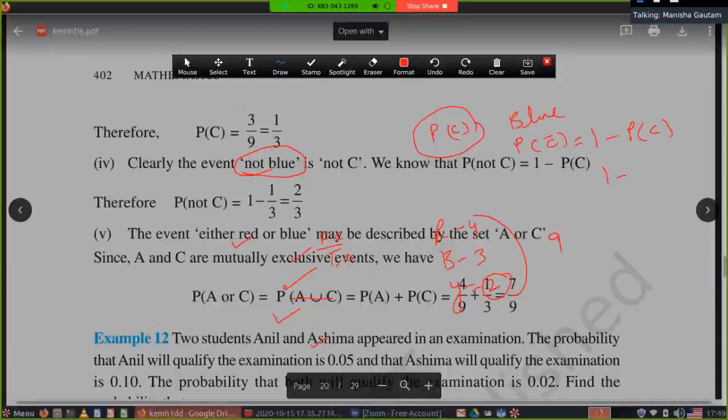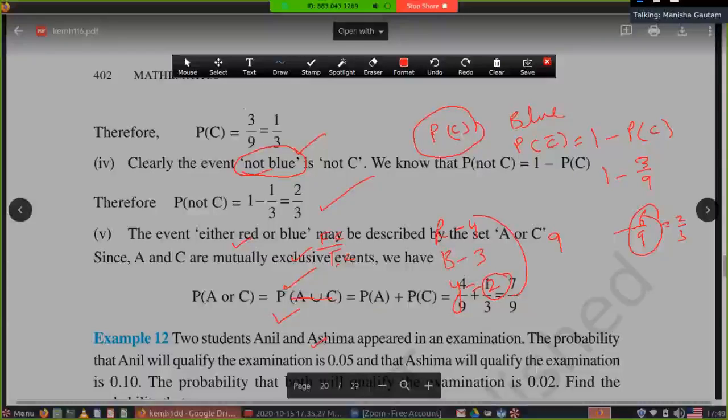That is 1 minus 3 upon 9, or 1 minus 1 upon 3, or you can say it is 6 upon 9. Directly you can do it, because if the discs are not blue, it may be red or it may be yellow. Red plus yellow is 6, so you get 6 upon 9 or 2 upon 3. Same here, 1 minus 1 upon 3 is 2 upon 3.